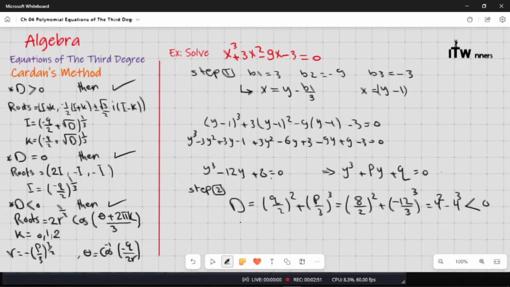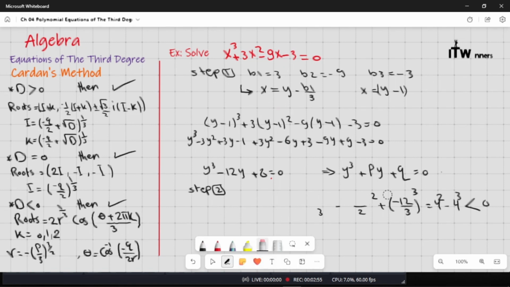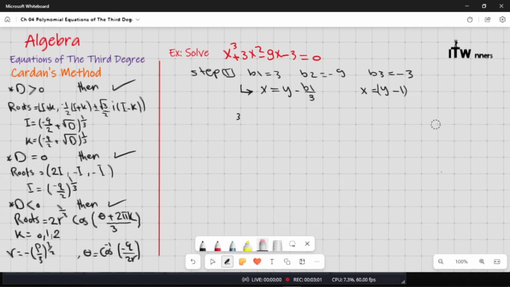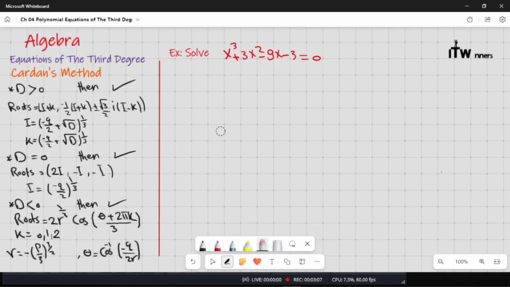Okay, so here just clear and obtain our roots. So we have here y cubed minus 12y plus 8 equal to 0.